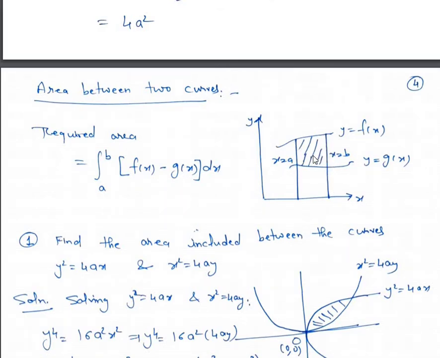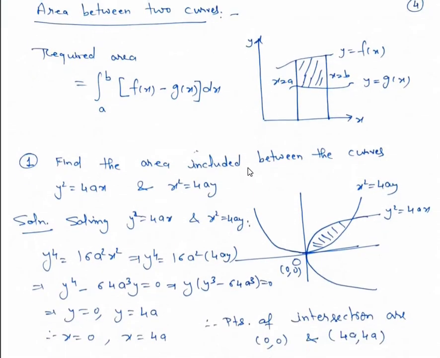That means we have to find out area of the shaded portion. So the area will be this area minus this area. That means required area is integral a to b of f(x) minus g(x) dx. This you have studied in 12th class also.